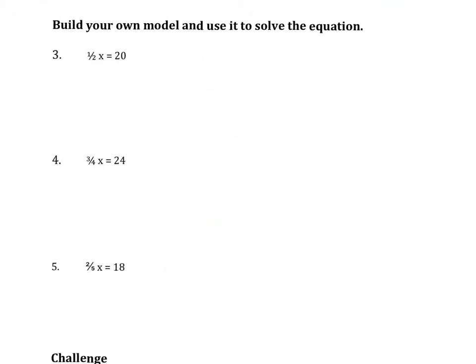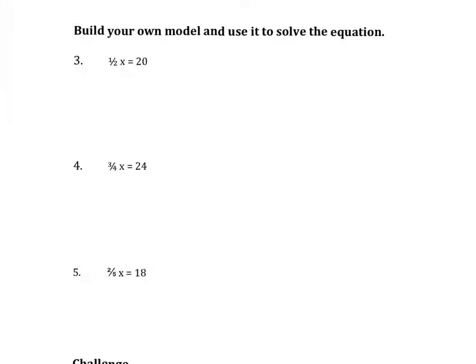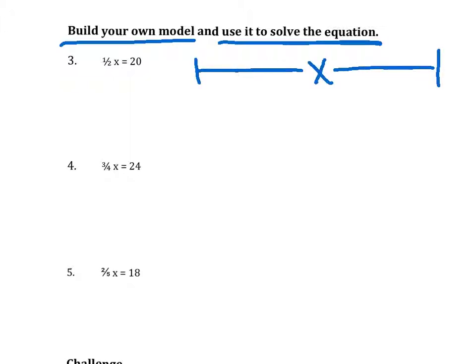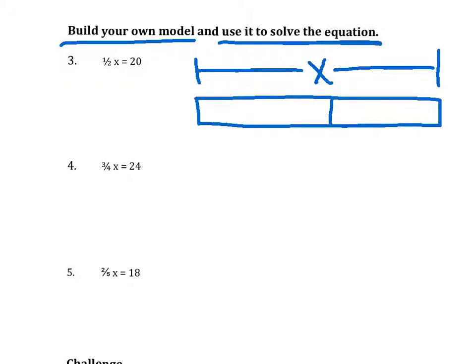Okay, so these ones we need to build our own model, and then use it to solve the equation. So 1/2 of x equals 20. So 1/2 of a number is 20. So our number that we're missing is our x here, right? And since we have 1/2, it would look something like that. 1 out of 2 boxes is 20.